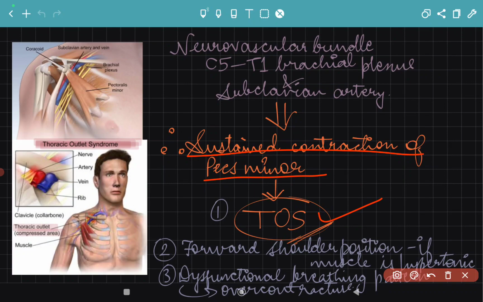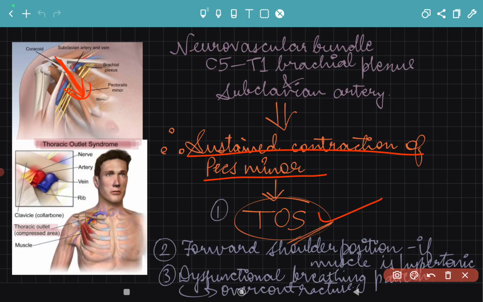Other than that, if there is sustained contraction of pectoralis minor, there is tightness of this muscle, then it will pull the shoulder this way. The action of it is protraction of the scapula. So there will be forward shoulder position, or drooping of the shoulder, that may be seen due to tightness of this pectoralis minor.